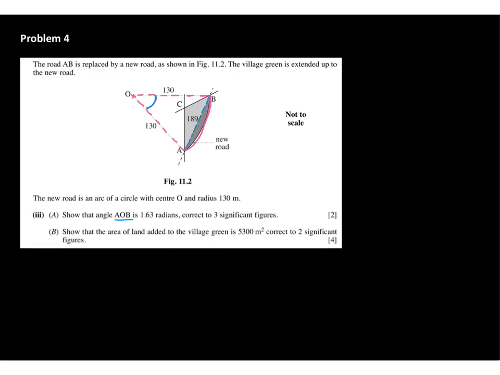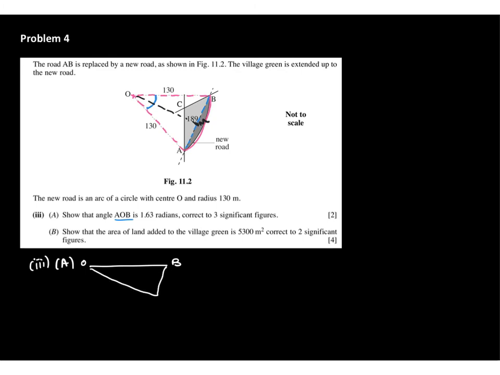189 metres. So if I sketch out the triangle with a little bit more detail to it, let's do that down here. So part 3, part A, I'm going to sketch out O to B, and then I'm going to add in a point here, which is the middle of AB, and I'm going to draw in a right angled triangle like that.